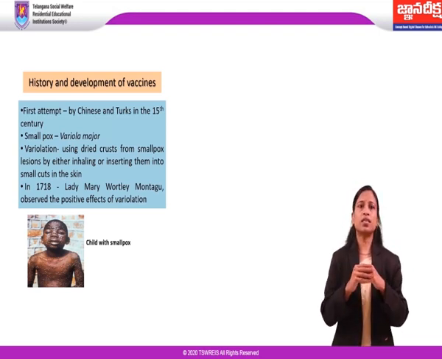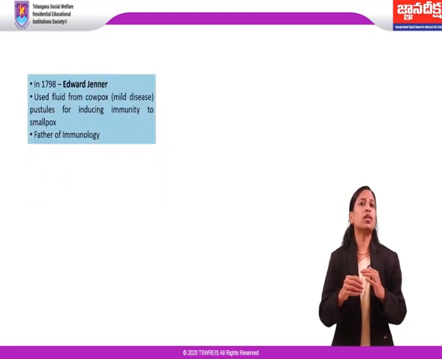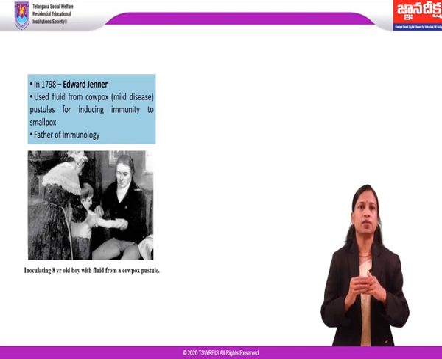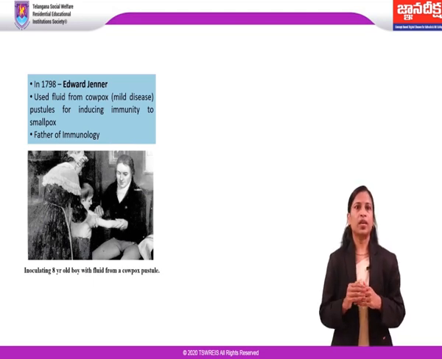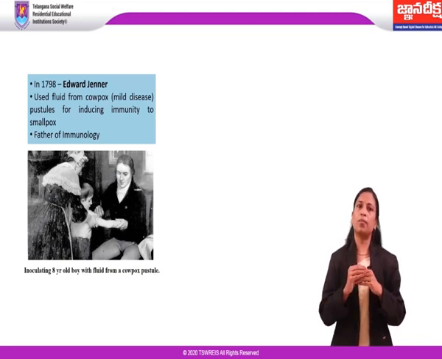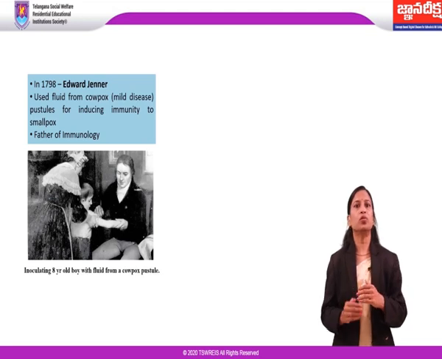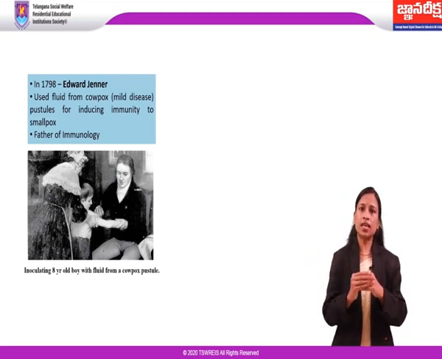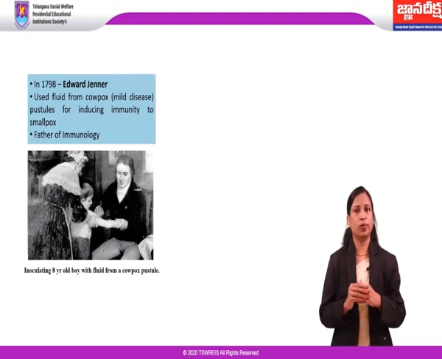Later, in the year 1798, a historical development in the field of immunology was made by an English physician, Edward Jenner. He observed that the milkmaids who contracted the cowpox virus, which causes a mild disease, were immune to smallpox. As you can observe in this picture, he tested his idea by introducing fluid from a cowpox pustule into an 8-year-old boy.